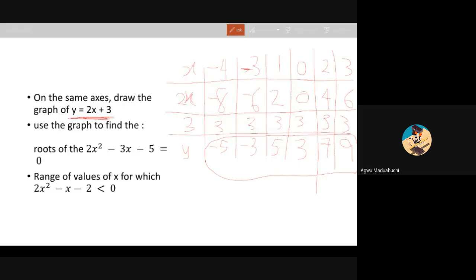In all the cases that we'll be asked to draw this, we'll use all the x values to get the y. Yes, but you may not need to use all the x values since it's just going to be a straight line. Like you see, when I was forming this, I omitted -2 and -1.